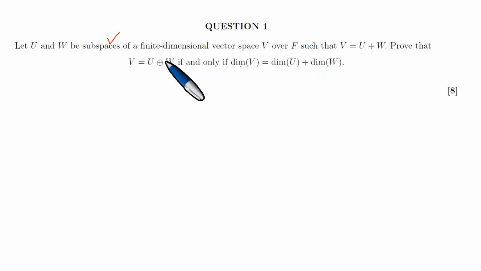The vector spaces we study here are finite dimensional over a field, such that the vector space can be written as a sum of two finite dimensional subspaces. So you need to prove that V is the direct sum if and only if the dimension of the finite dimensional vector space V is the sum of the dimensions of the subspaces. Okay, a very important result for 8 marks.